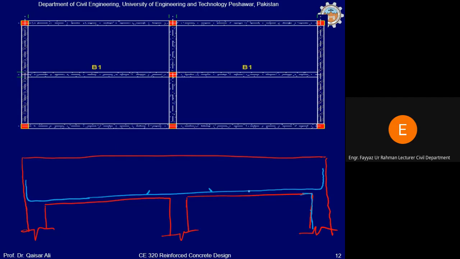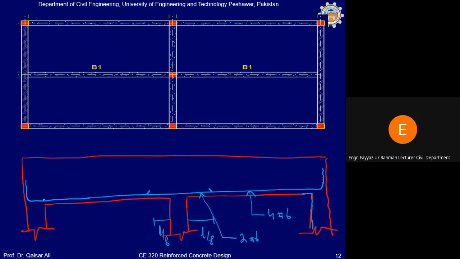And अगर आप इसको देखें, this will be for example 4 number 6 bars, and we have curtailed 2 bars at the end at L by 8, and these 2 bars will be continuous. आप इसको practically place किस तरह करेंगे?